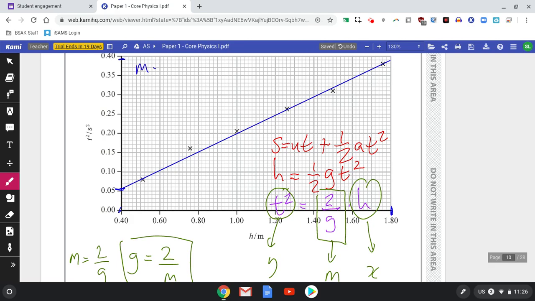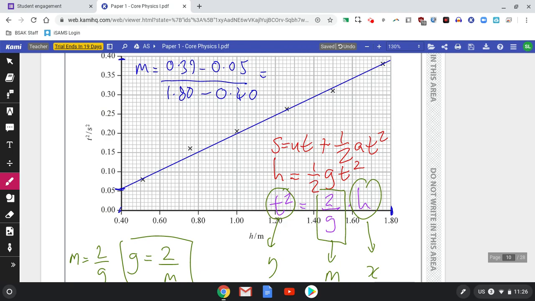So let's have a little look at this. Gradient equals 0.39 minus, let's go for 0.05, give or take, over 1.80 minus 0.40. So what's that giving us as a gradient?